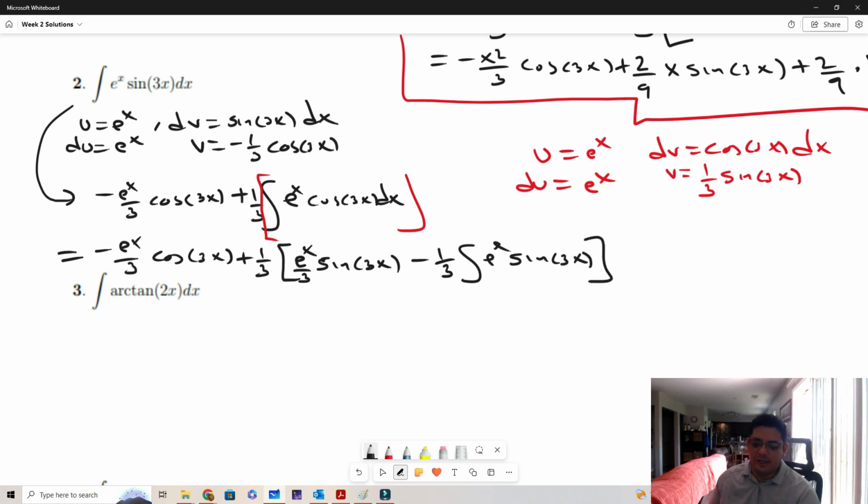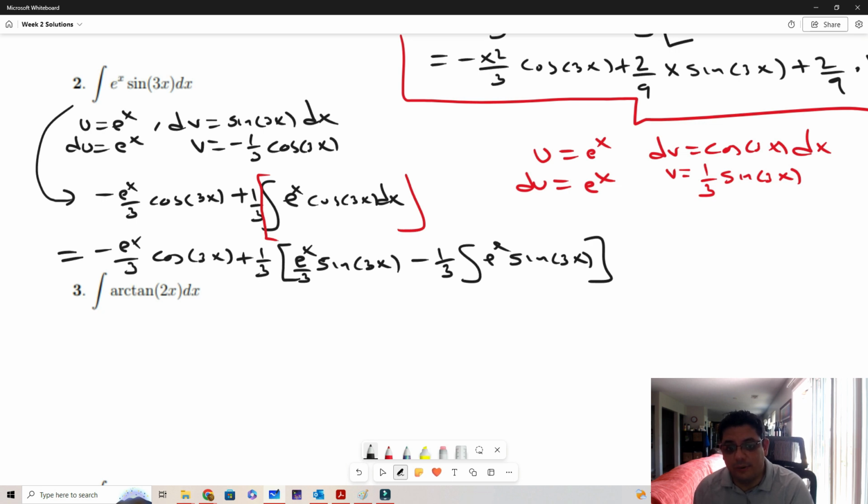And so as you can see, we have the same integral that we started with here. And so what's going to happen is that I'm going to move this to the other side. Notice that if I multiply this 1/3 by this 1/3 here, I'm going to have minus 1 over 9.